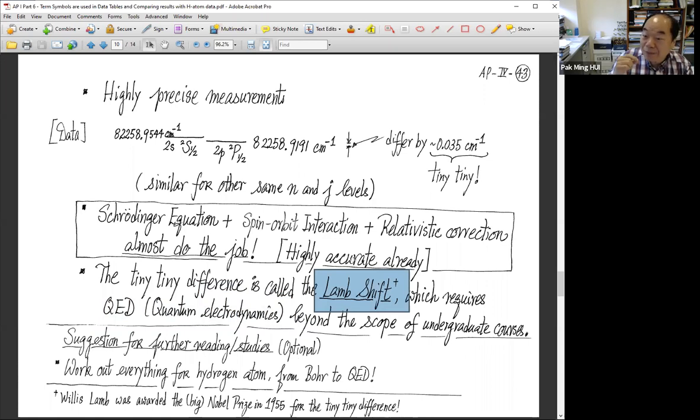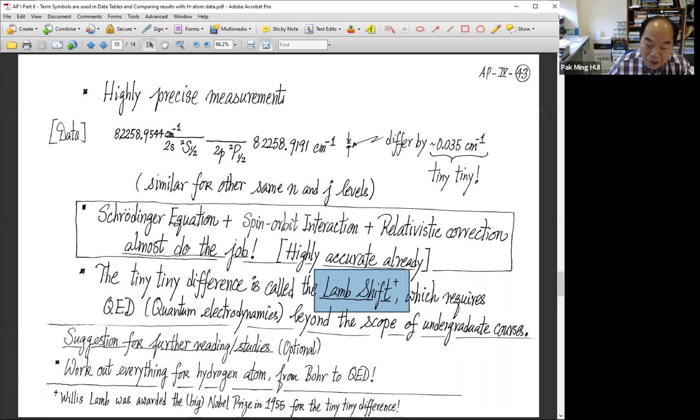And that has been done very successfully. You can think that it is again hydrogen's data that has driven physicists to further develop the quantum theory from single electron theory to many electron theory, which is a field theory. That is quantum electrodynamics.